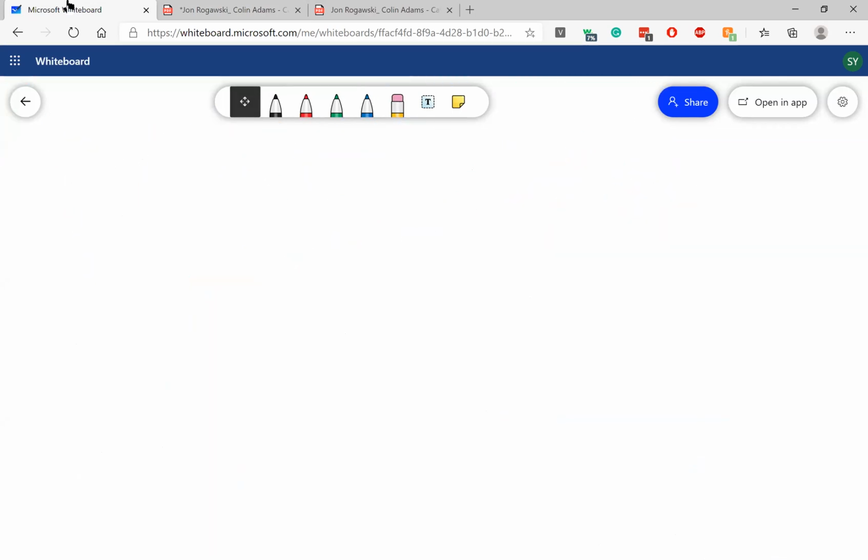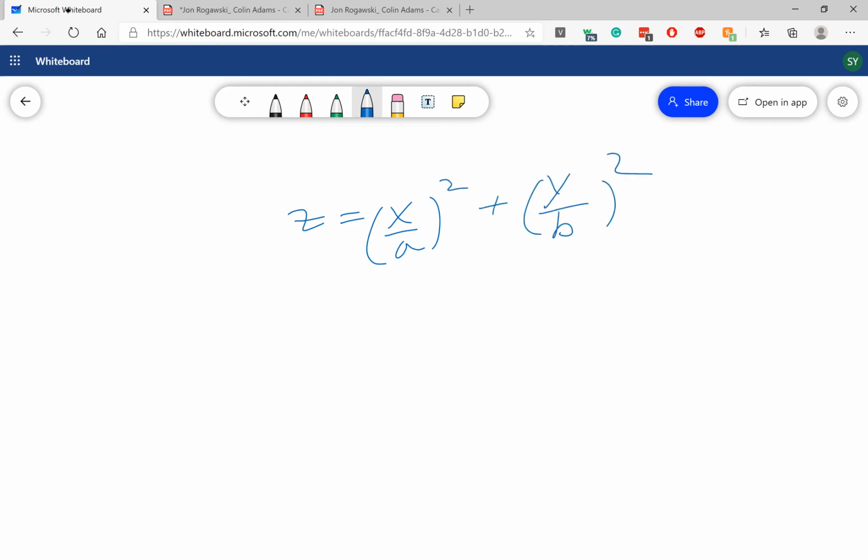So again, when we have z is equal to x over a squared plus y over b squared, then when y gets different constants, you have a parabola z is equal to x over a squared plus y0 over b squared.